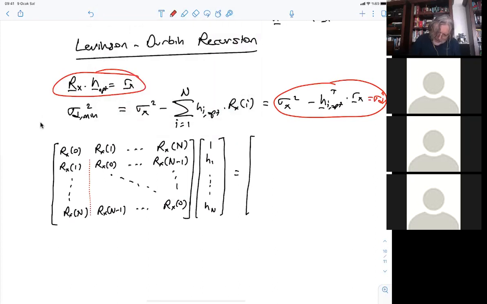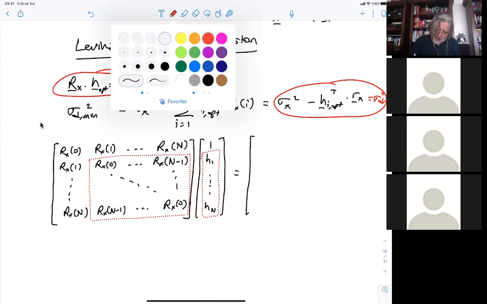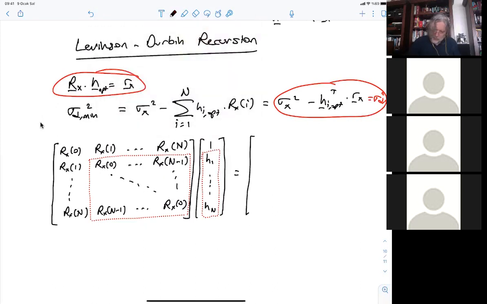This part, if you think of it, times this part will give you 0. But with the others, we have something else. We have this thing to be equal to sigma d square, of course minimized, and the others are 0.